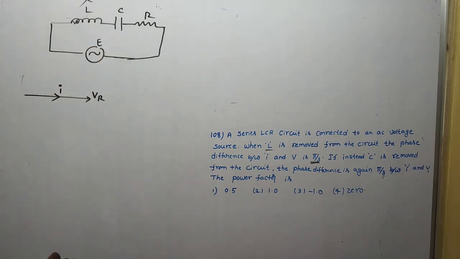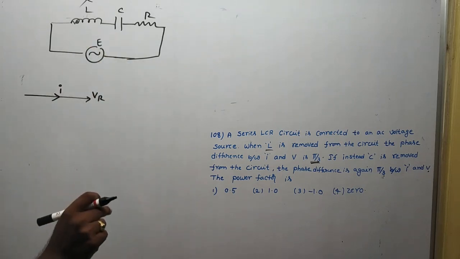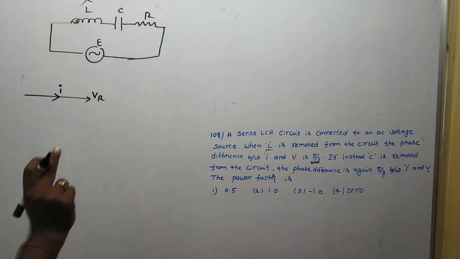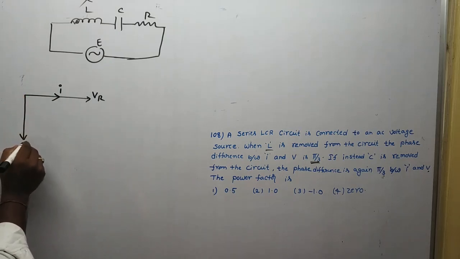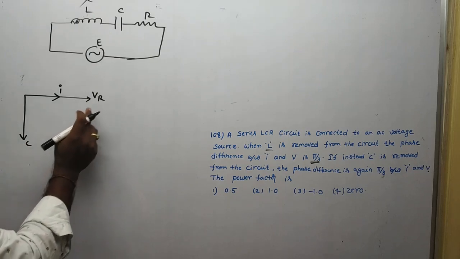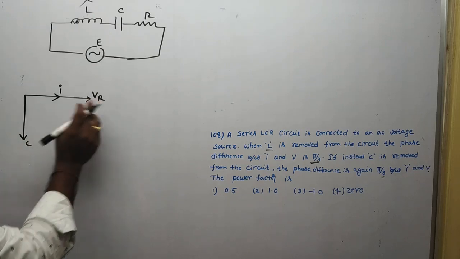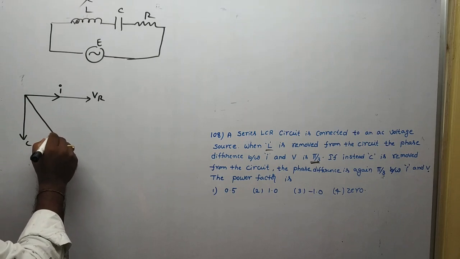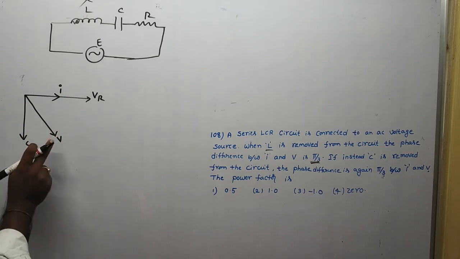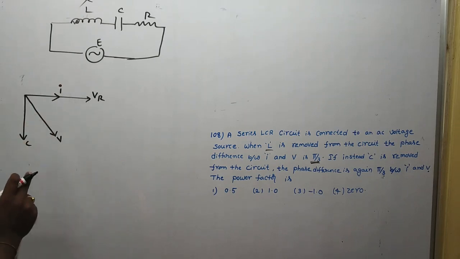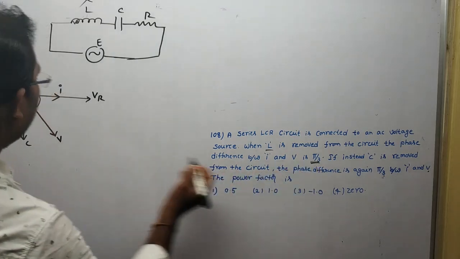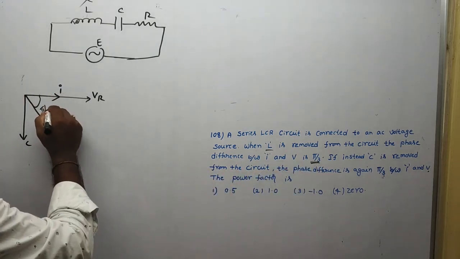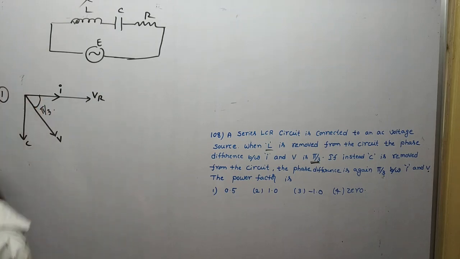In a pure capacitor, the current leads the voltage by pi by 2. So, this is the VC. The resultant between the VC and VR acts like this. This V and I differ by a phase difference of pi by 3. This is the first case.